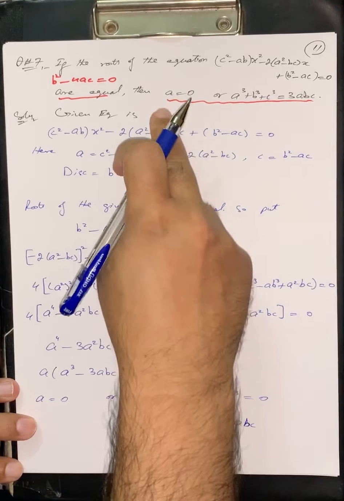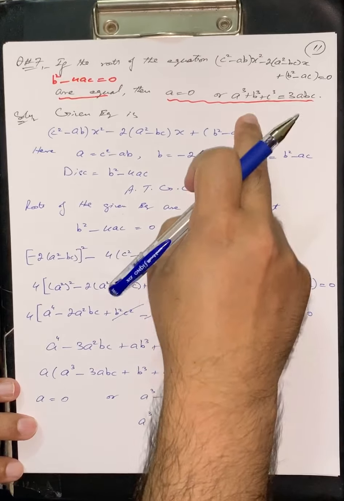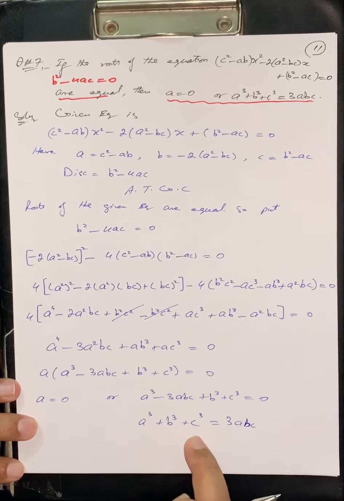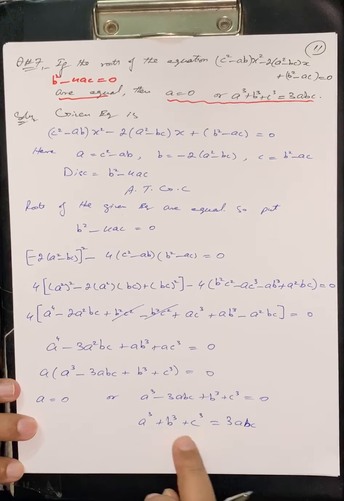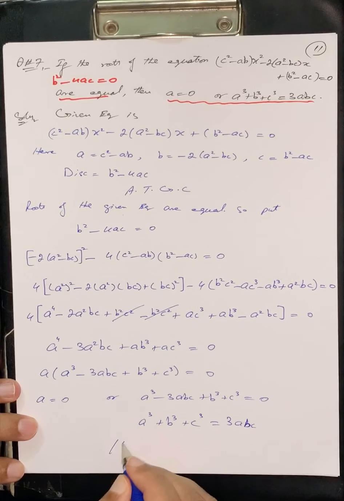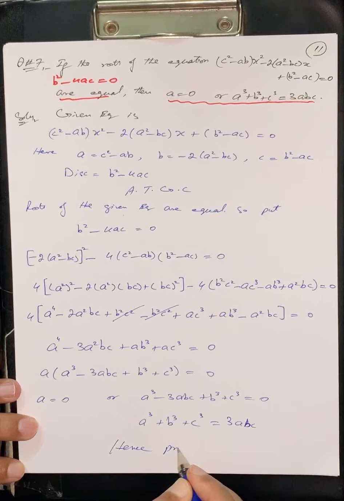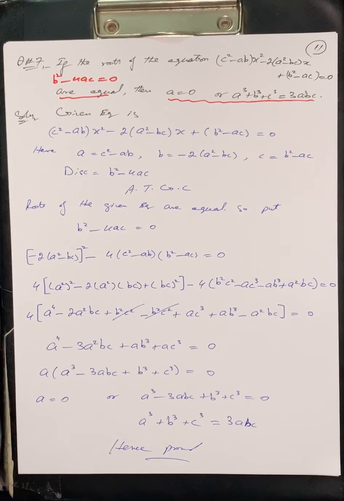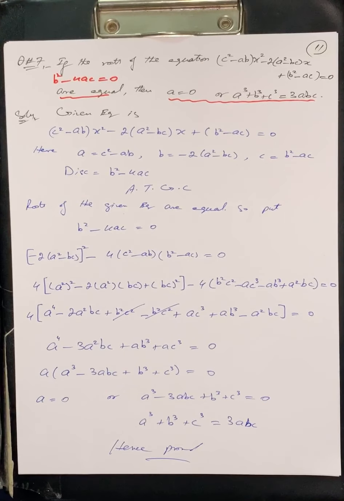That's your answer: a is equal to 0, or a cube plus b cube plus c cube is equal to 3abc, hence proved. Hope you understand this main important question. After that, we solve the next question.